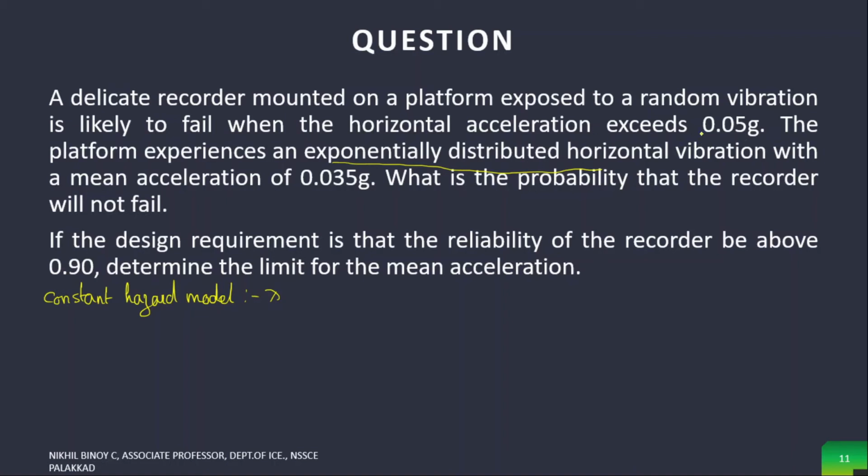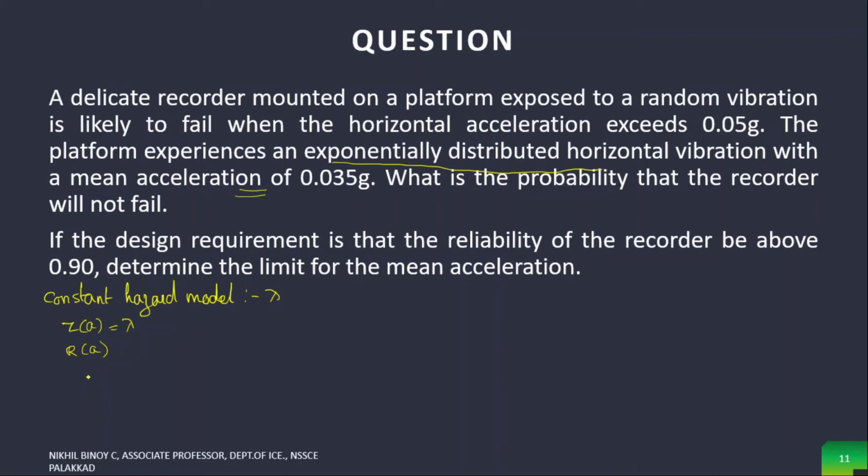Here the independent variable of the failure data is not time, it is acceleration. What we need is not z of t, we need z of a, that is lambda. Reliability is asked, so we need R of a, not R of t. The independent variable is acceleration, not time. Now what is given? The mean acceleration is given.